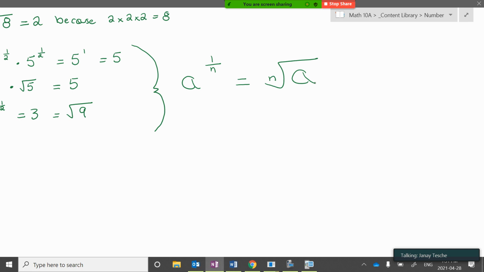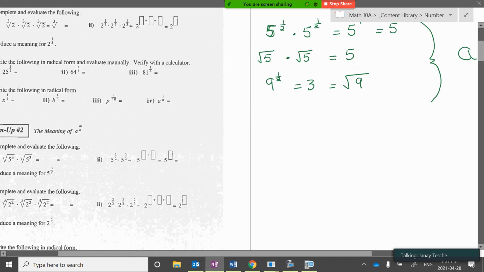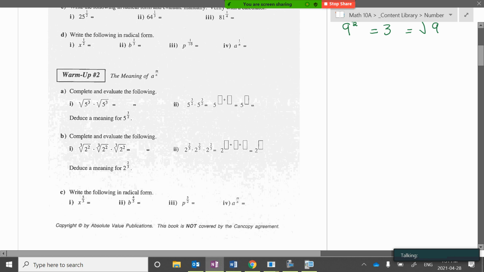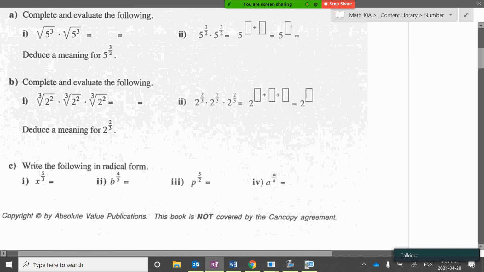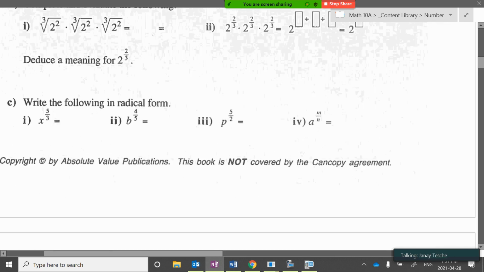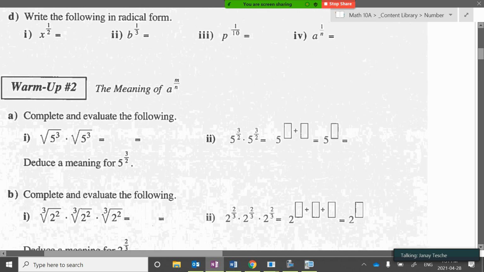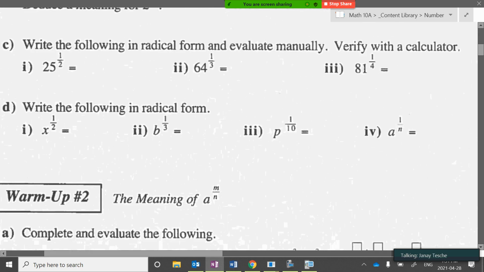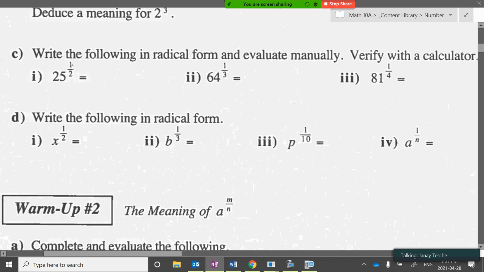I want to go through a couple more questions so you can see this, on the bottom part of your page. Looking at these ones partway down, 25 to the power of 1/2 would just be the square root of 25, which is 5.